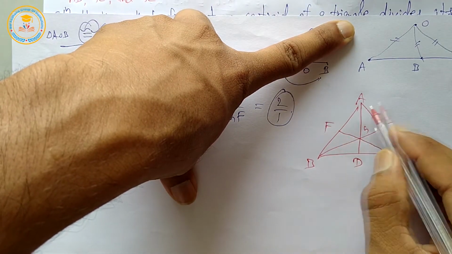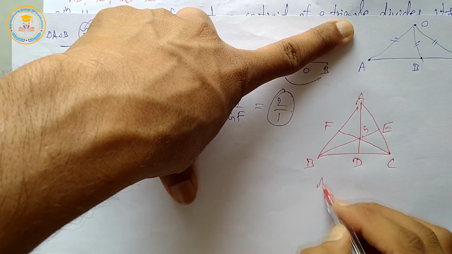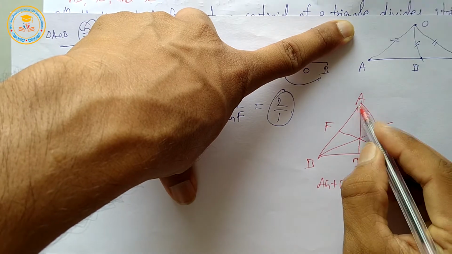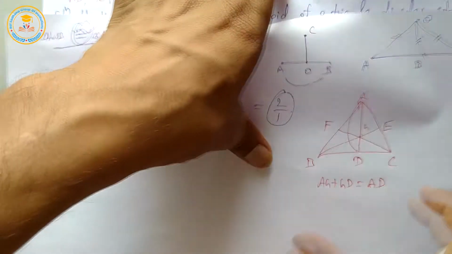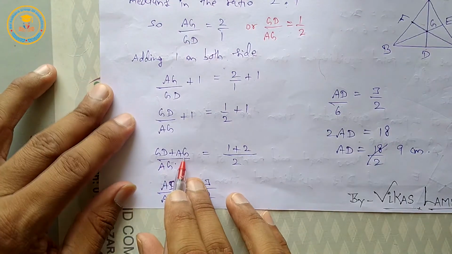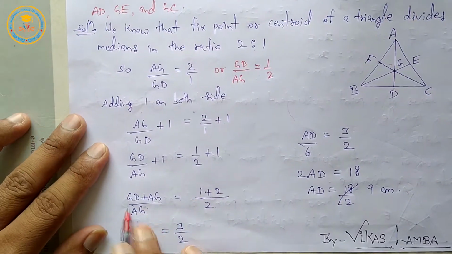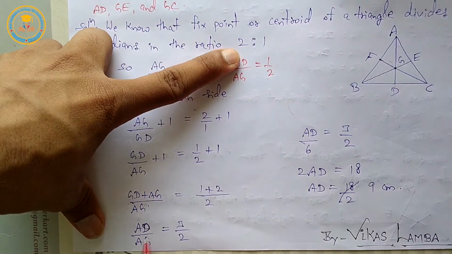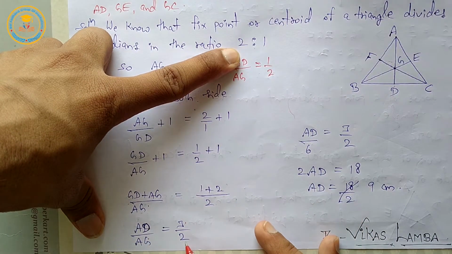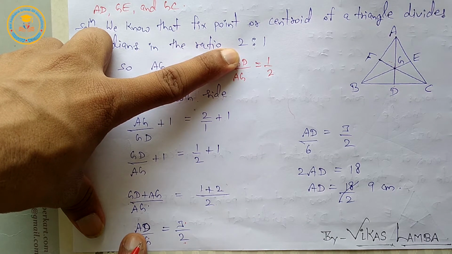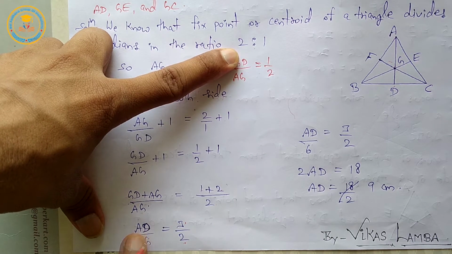Okay. Here we calculate the value of AD. According to the question, we find the value of AD. The value of AG is given, so AG equals 6. AD upon AG equals 3/2.